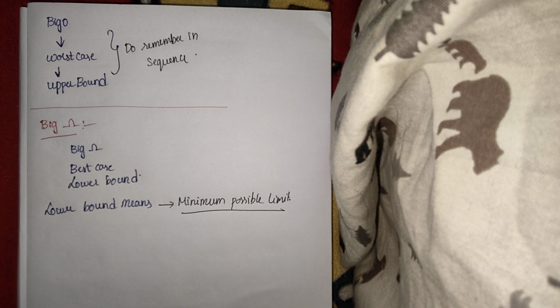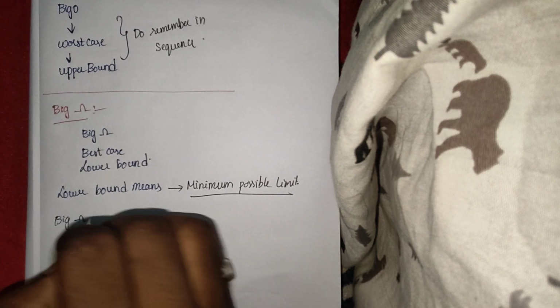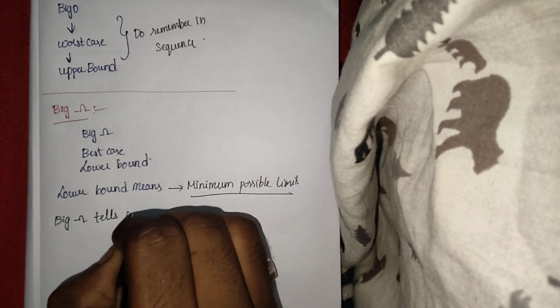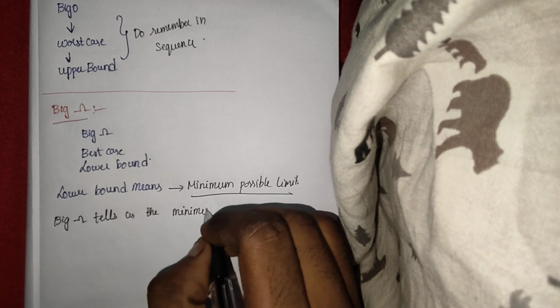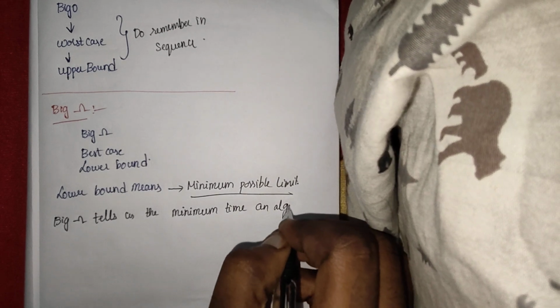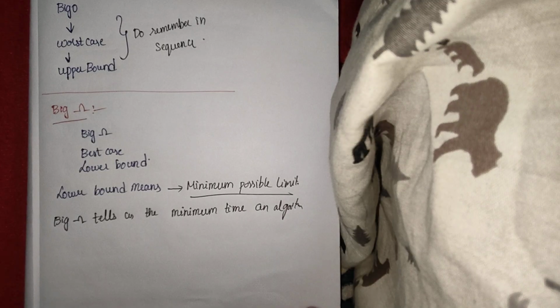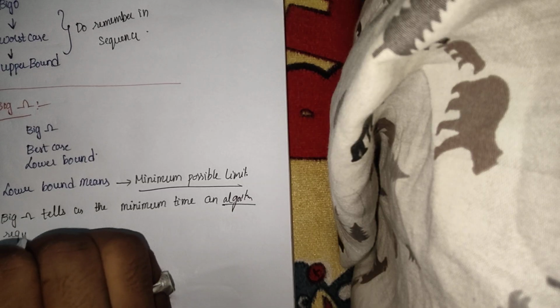Similarly, big omega tells us the minimum time an algorithm requires.